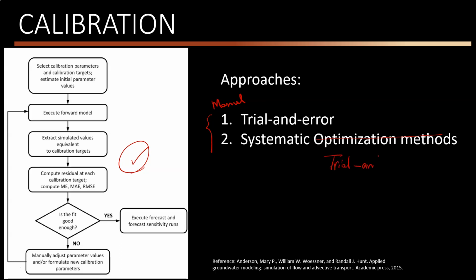I think that would be a better label for these procedures. So manual trial and error and systematic, or numerical, trial and error, which we are going to talk about in the next slides.